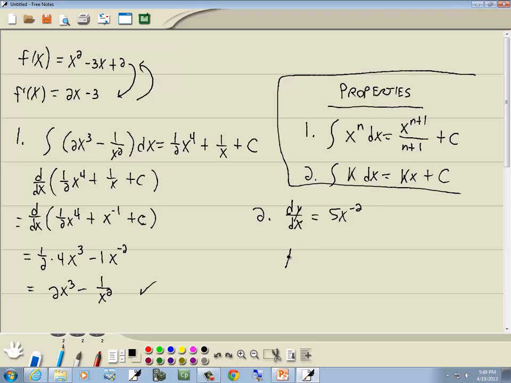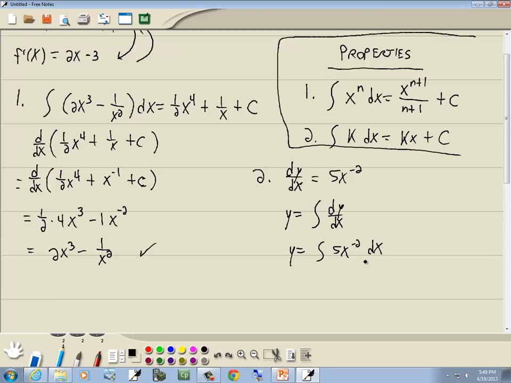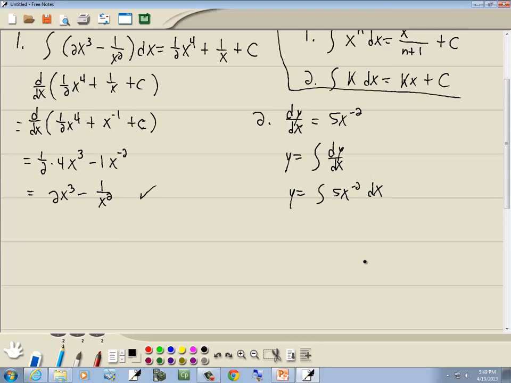Well, to go backwards, remember integration, antiderivative is going backwards. So to get y, we're going to take the integral of dy dx, which will be the integral of 5x to the negative 2 dx. Now when you have a number inside with your x to a power, you can freely take that number in and out of the integration symbol.